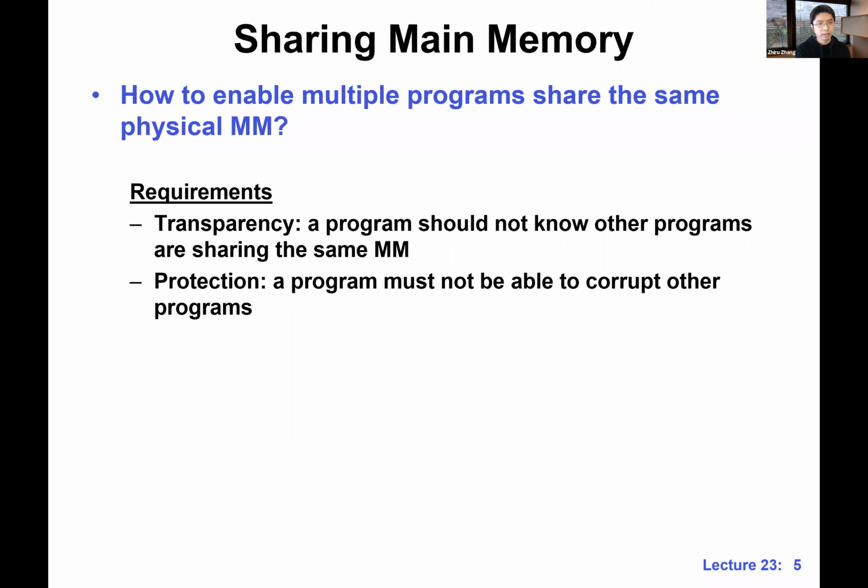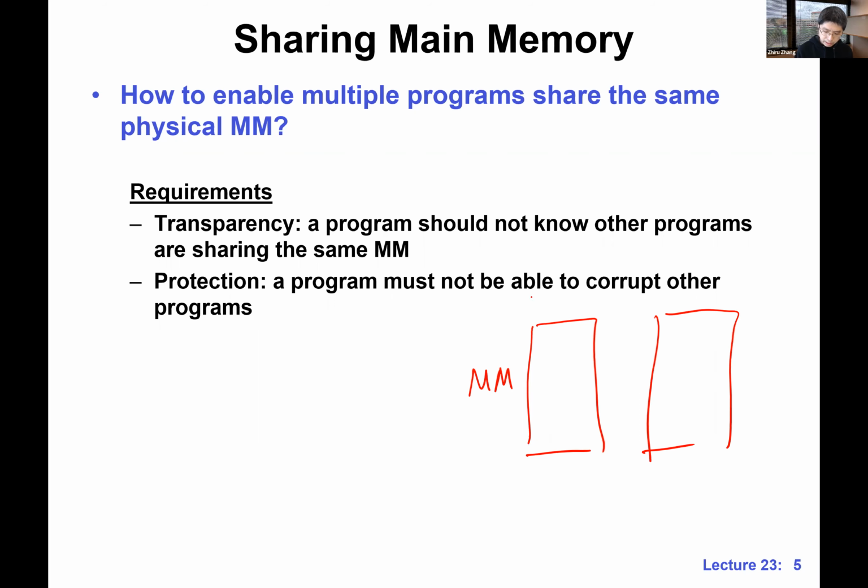Why is that? First, a single program is not supposed to be aware of the existence of other programs. So for all the programs, if you look at main memory, they are supposed to be using it. Say this is app 1 and app 2.